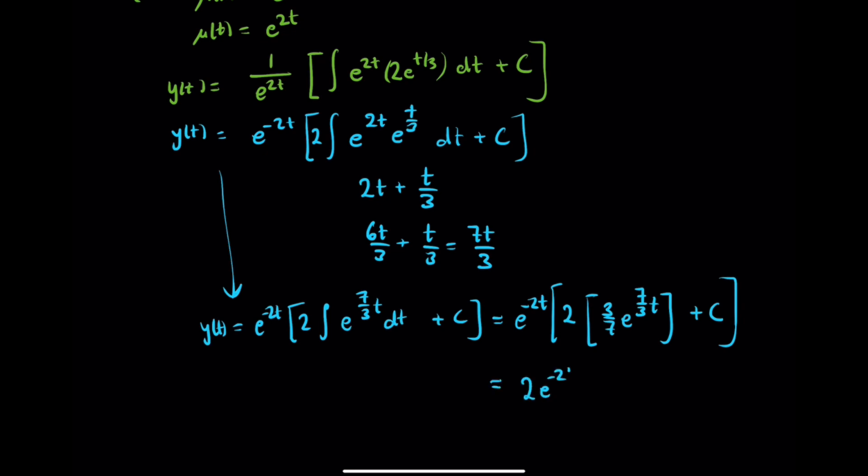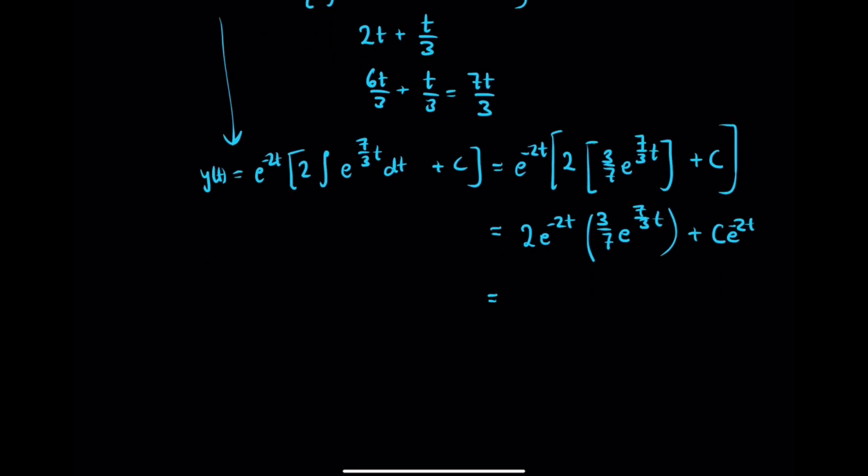And then you get 2e to the minus 2t, 3 over 7 e to the 7 over 3t, plus c e to the minus 2t. All right, and then 6 over 7 e to the minus 2t plus 7 over 3t plus c e to the minus 2t.